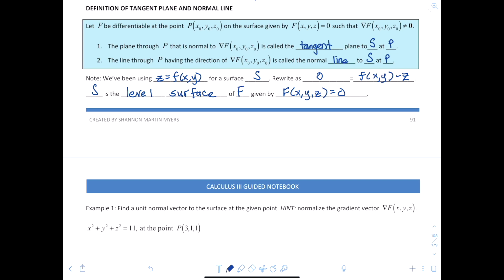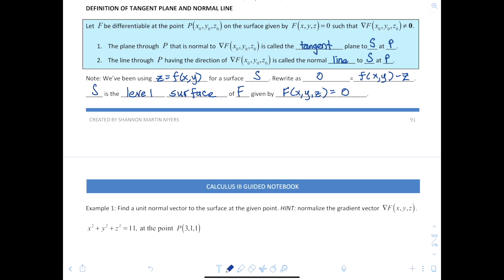Since f(x, y) minus z equals 0, what we have is a level surface, and therefore if we write it in terms of the three variables, F(x, y, z) will also equal 0.